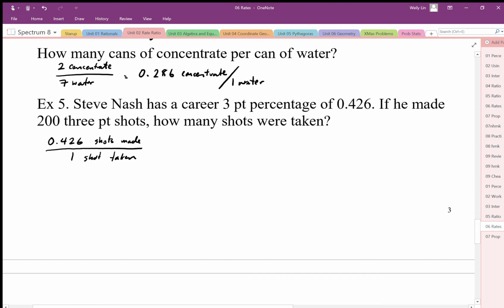So we want to know how many shots were taken if we had 200 shots made. So we want to know the number of shots taken. Well, this is our unit rate, and we can do this as a unit rate problem.